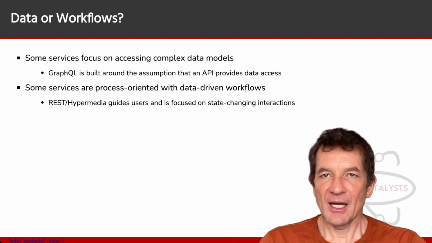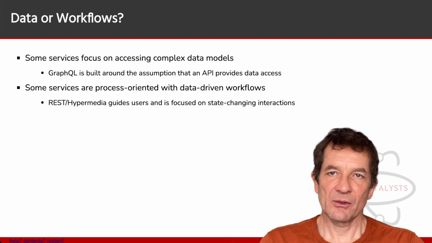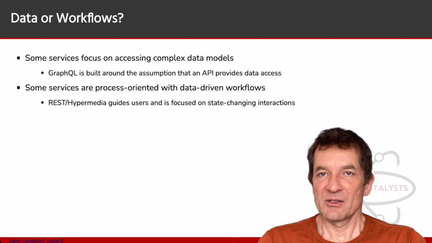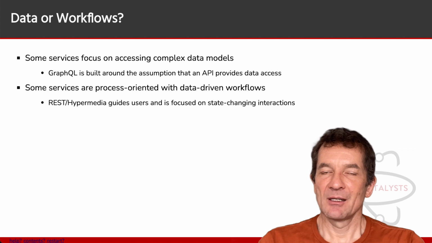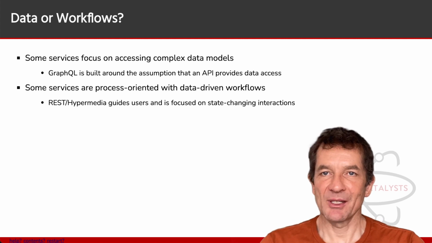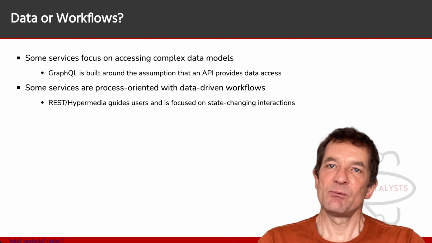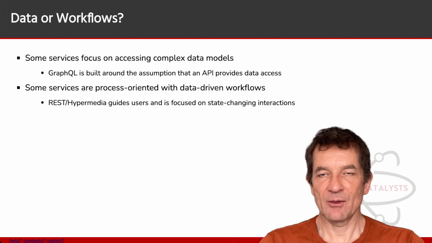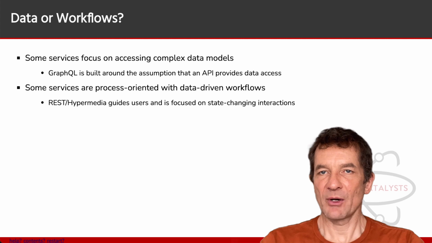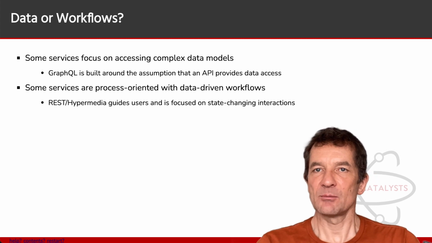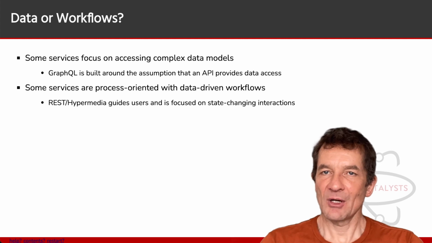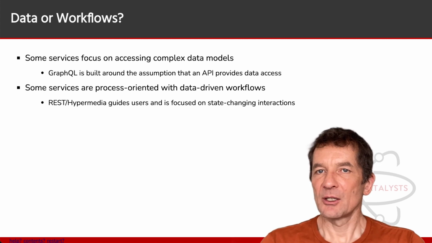If you have APIs such as this, which are more process-oriented, then in many cases REST is a better fit, because that's pretty much the model that REST has been built around. If you have more data-oriented APIs that work more with the assumption that what you're exposing through your API is more data than providing access to a process, then GraphQL might be a good choice here.